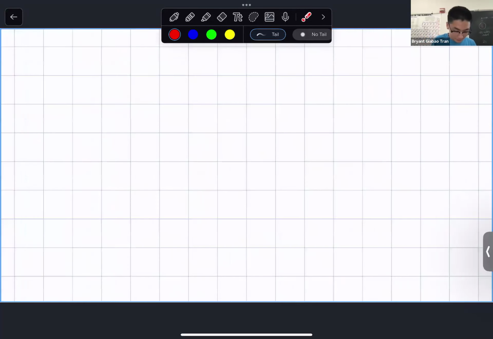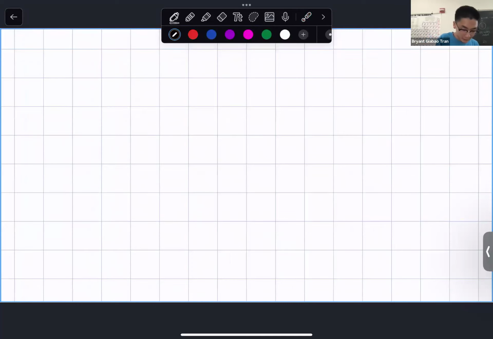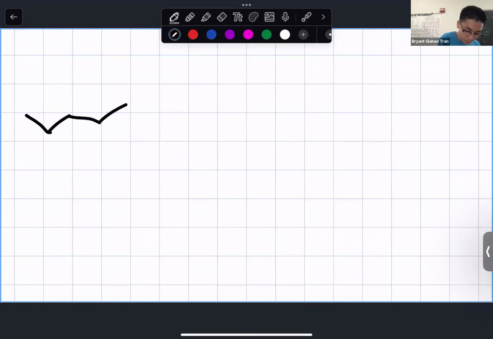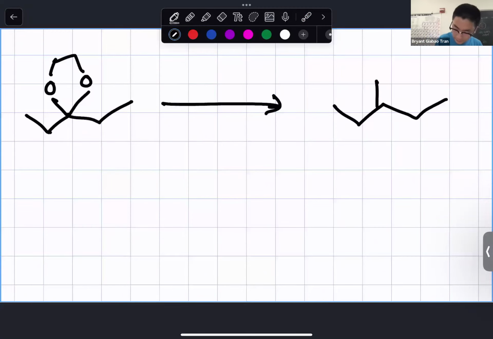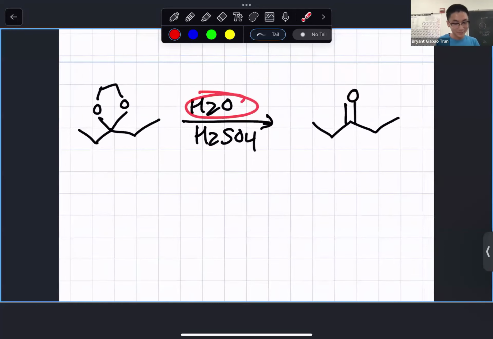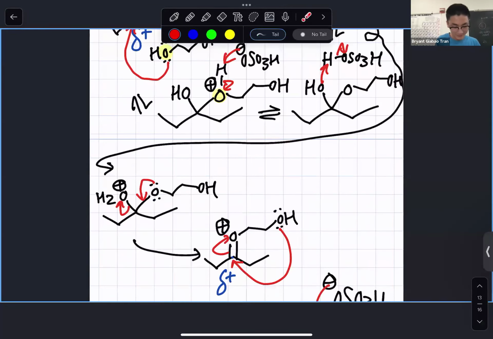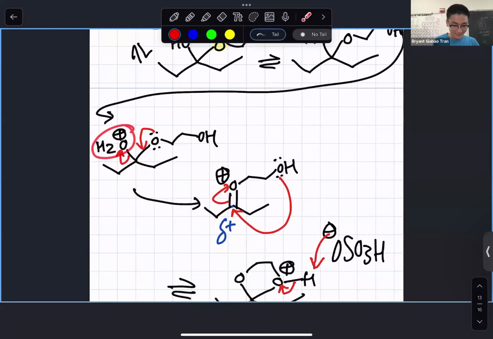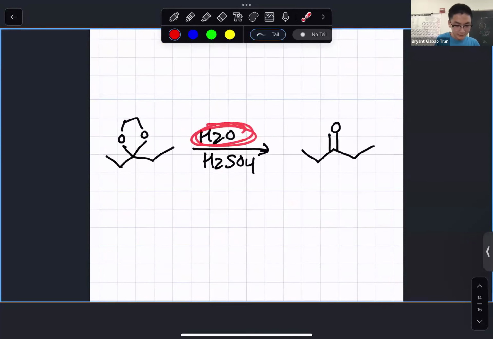Because if he asks you to draw the mechanism from this cyclic acetal to this carbonyl, and he gives you water and H2SO4, this water here came from this water that left in the original mechanism. And in this water, the oxygen is going to be that oxygen of the carbonyl.